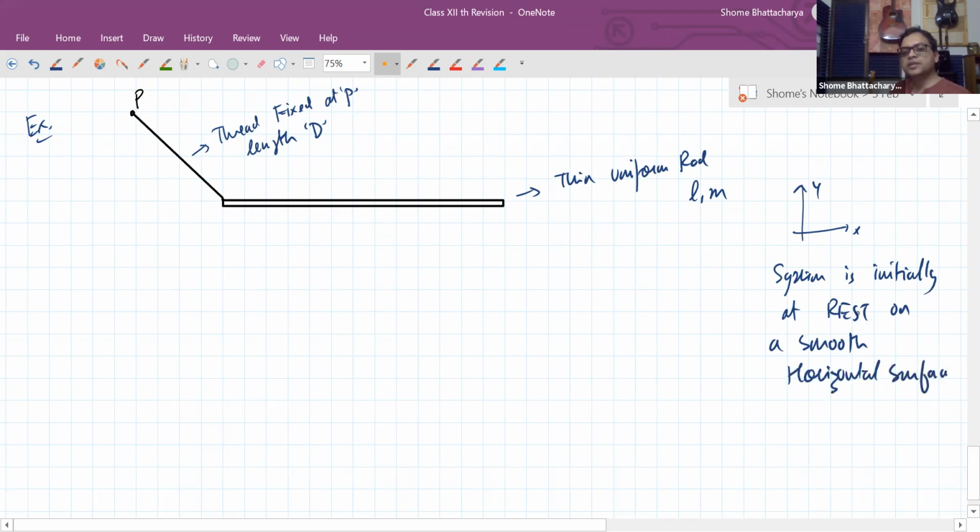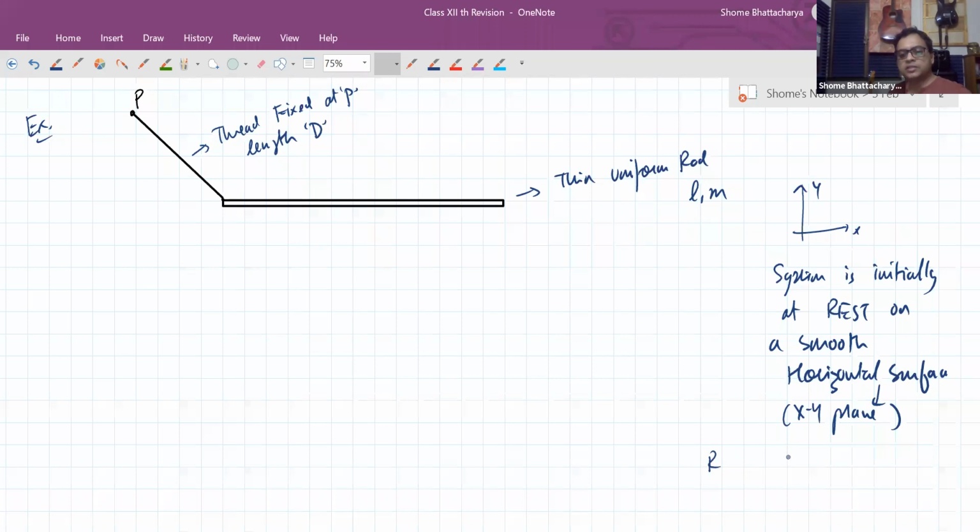So the XY plane is the horizontal plane, that smooth horizontal surface with the thread taut. So the rod is at rest, that I've already mentioned, but with the thread just about taut.